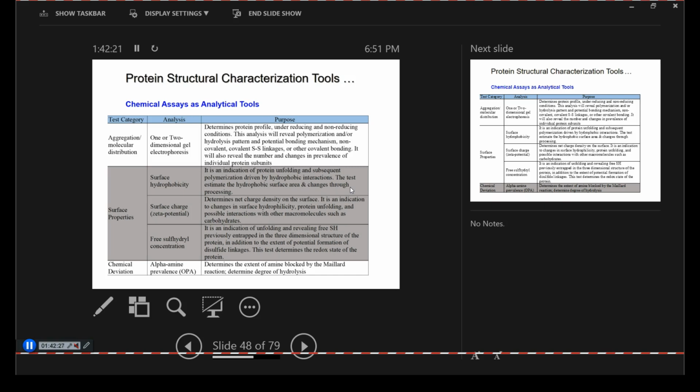So we can measure before and after processing the level of amine that was blocked by interacting with the sugar. OPA reacts with the free amine and gives you a fluorescence, and you measure that. When the amine is blocked by a carbohydrate due to the Maillard reaction, OPA will not be able to interact with it. So you see a decrease in free amine, and then you can calculate percent blocked.